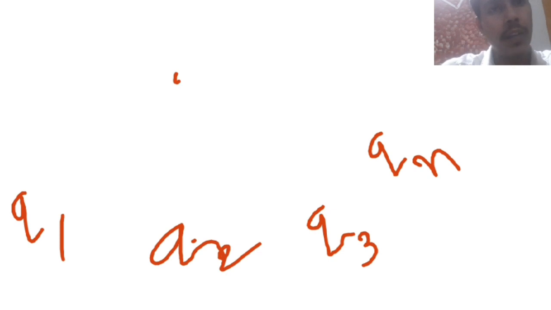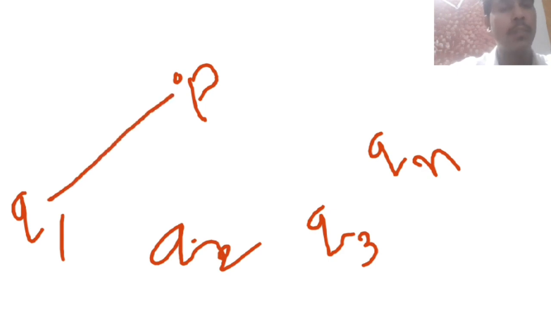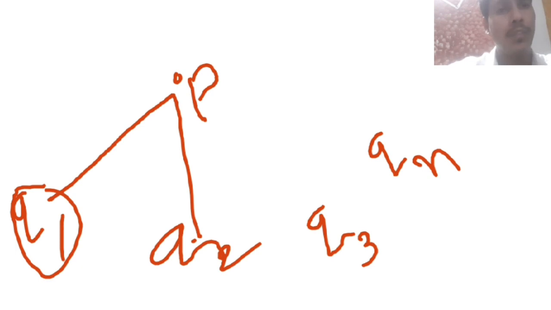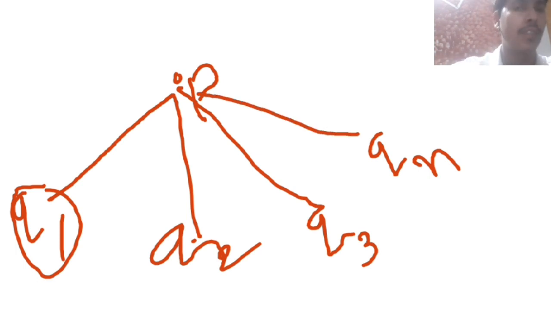Suppose you want to find the electric field intensity at this point P due to all these charges. So what you will do is find the electric field intensity at point P due to q1, then due to q2, then due to q3, and finally due to qn.